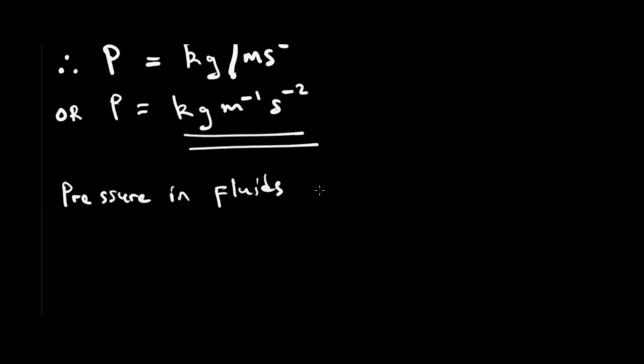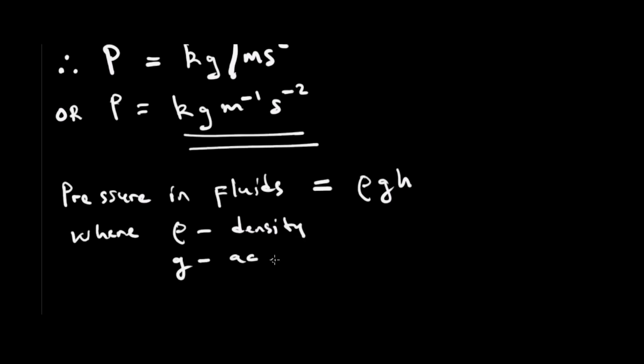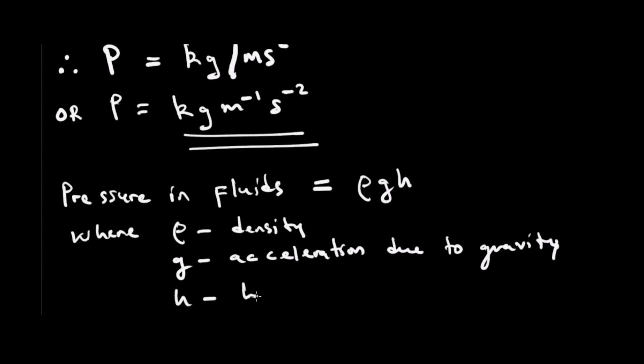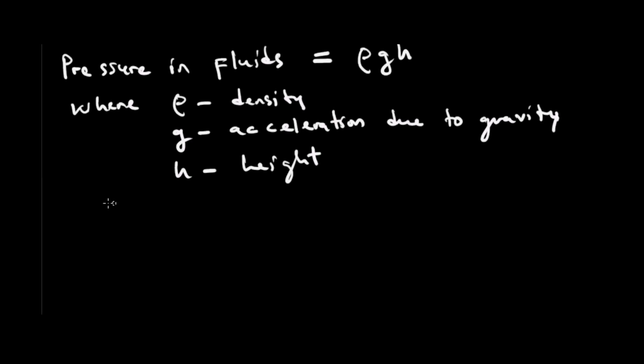The pressure in fluids formula says P is equal to rho gh, where rho stands for density, g stands for acceleration of free fall, some say acceleration of gravity or acceleration due to gravity, and h stands for height, the height above the point of pressure. So we will write P is equal to rho gh.